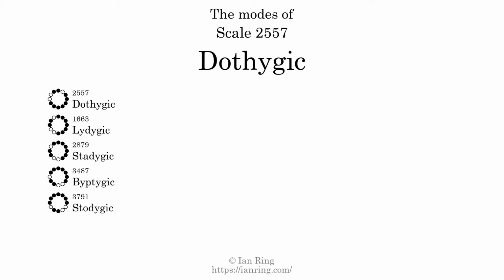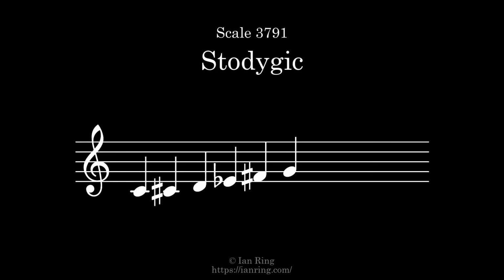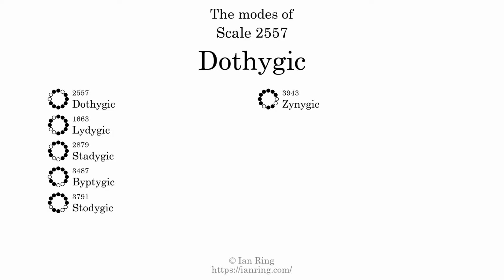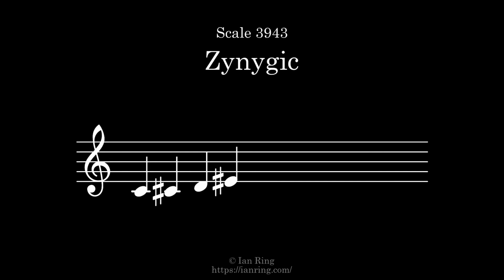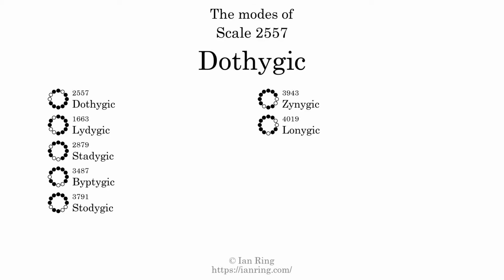The fifth mode is scale 3791, also known as Dothygic. It sounds like this. The sixth mode is scale 3943, also known as Dothygic. It sounds like this. The seventh mode is scale 4019, also known as Dothygic.